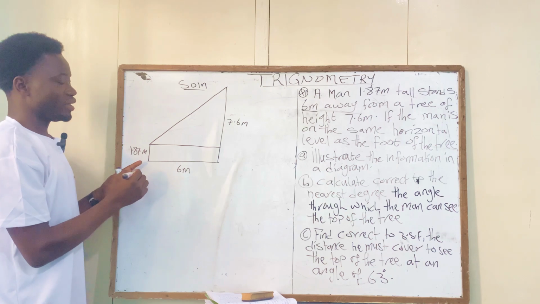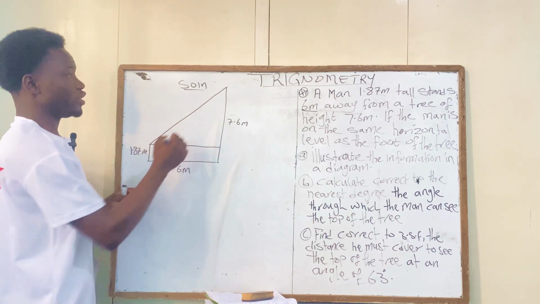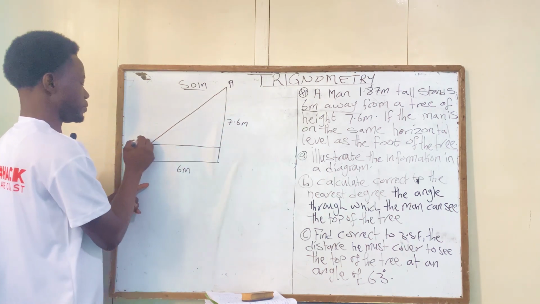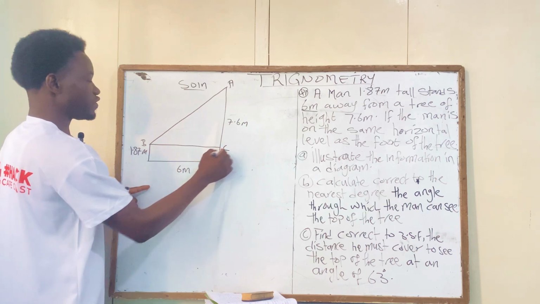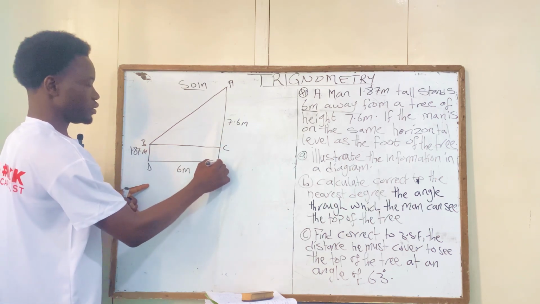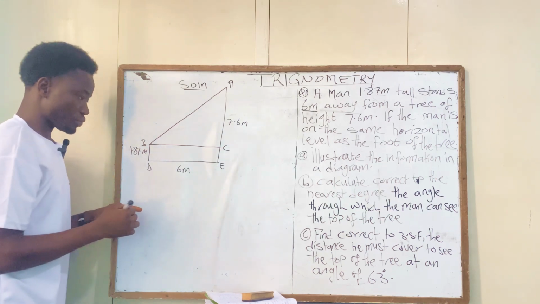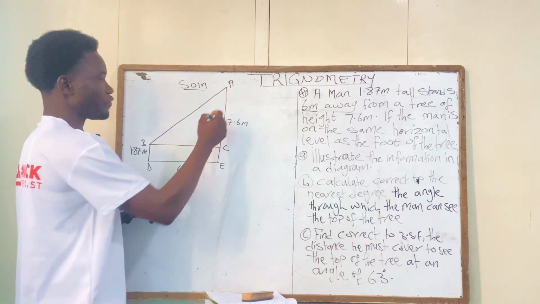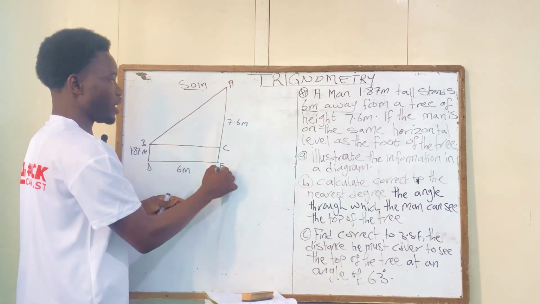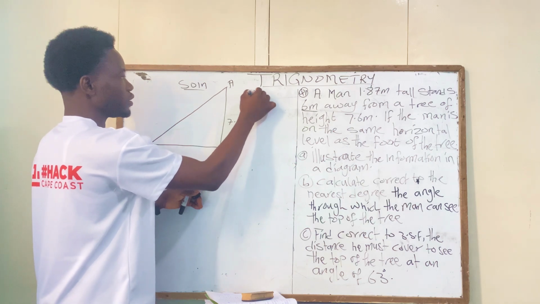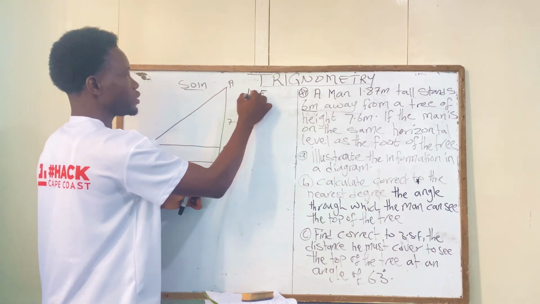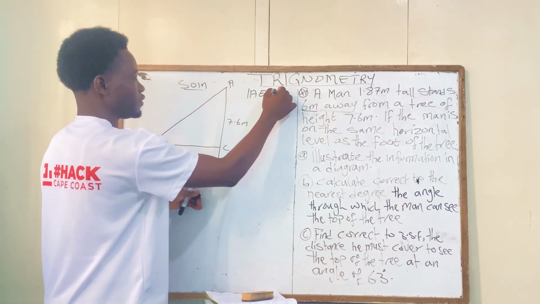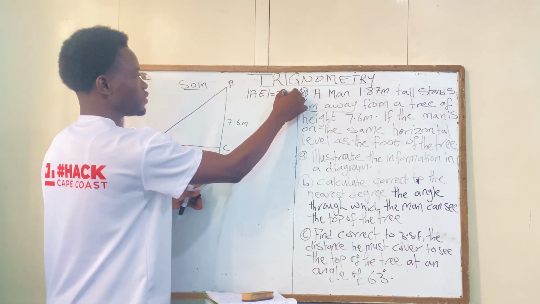So if I label this whole thing as A, B, C, D, E in the diagram, from the top to the bottom, that is A to E, is 7.6 meters.